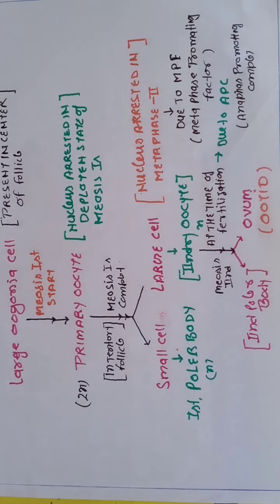In this way you can say that the ootid is formed only when meiosis second is completed at the time of fertilization. Okay, thank you.